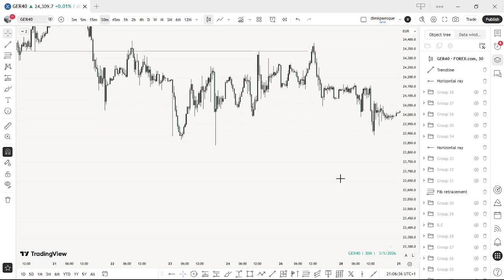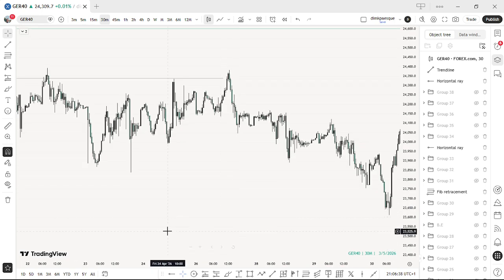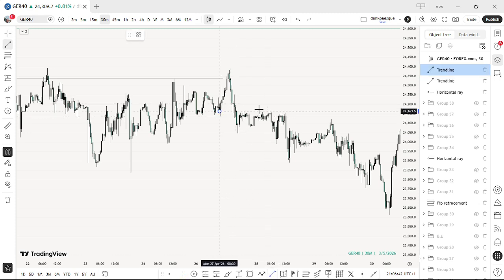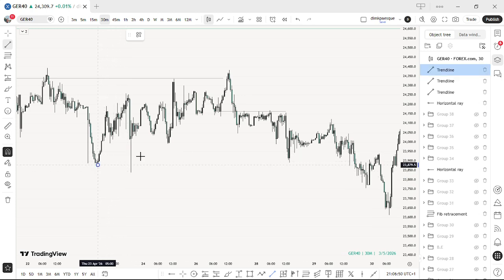So on the 30 minutes, we are having our break of structure here. Finally broke structure here. And at the same time, we were also flipping this trend line.